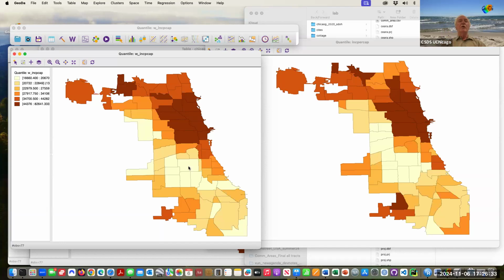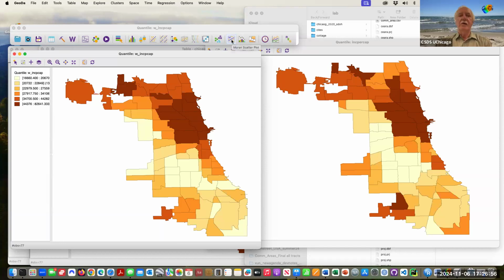So what we're going to do is compute Moran's I, which is a spatial autocorrelation coefficient, and we use a particular device to both compute it and visualize it. And that device is called the Moran Scatter Plot. So this is something I came up with.